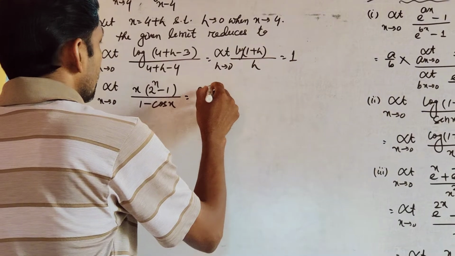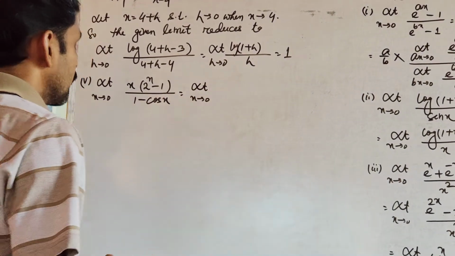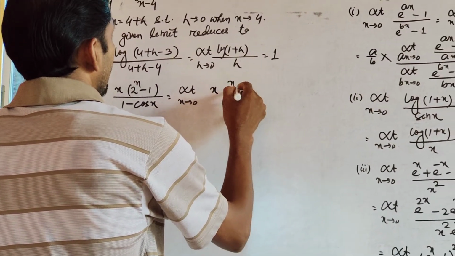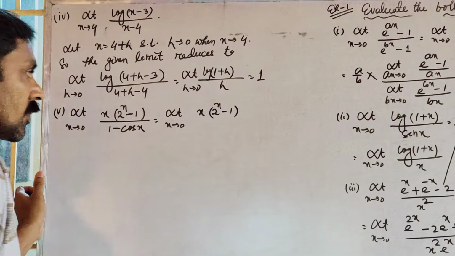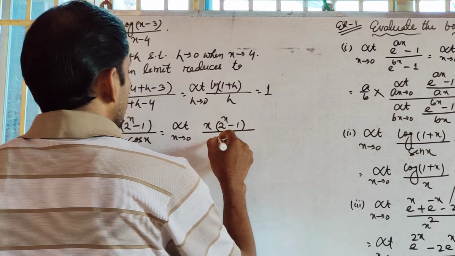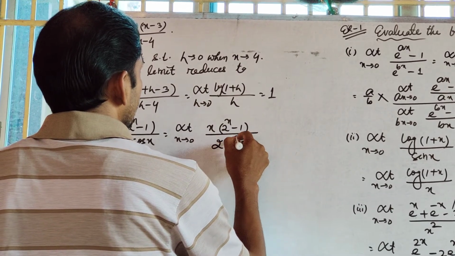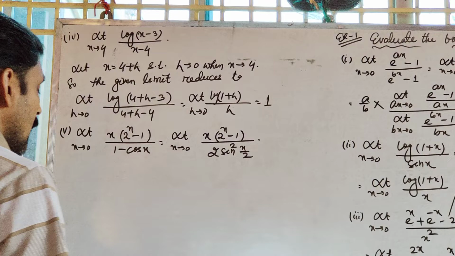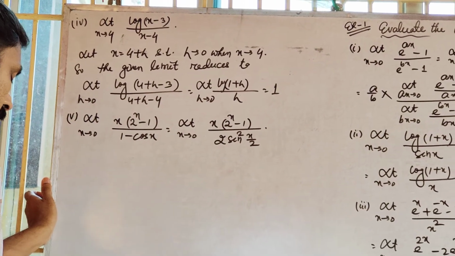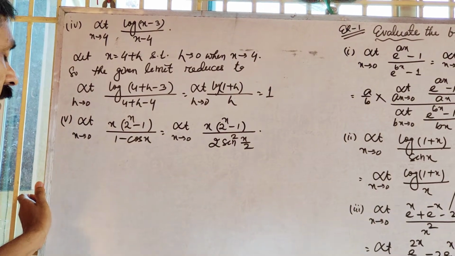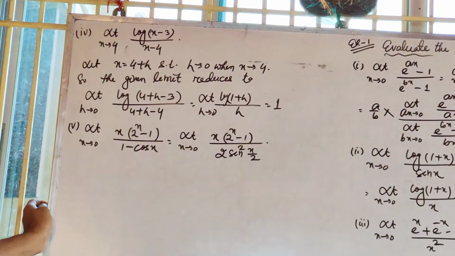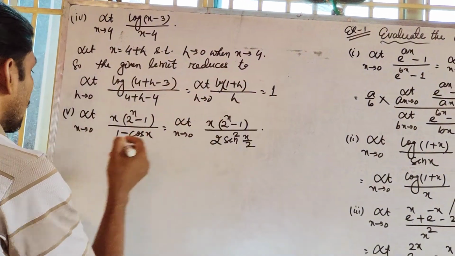So first you can write limit x tends to 0, x into (2 to the power x minus 1) by (1 minus cos x), which is 2 sin square x by 2. Clear? But if you use this form, then it will be a little bit lengthy. But still we will solve.